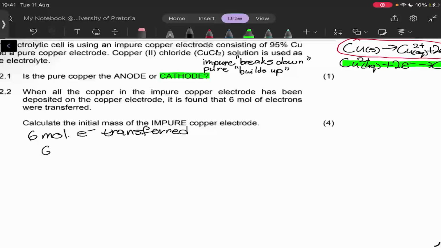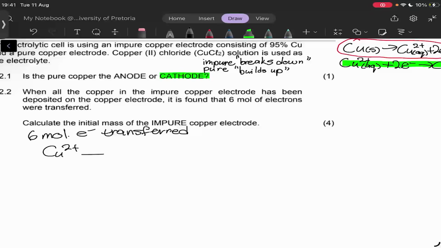I'll have Cu2 plus 2 electrons goes to, okay, to be 100% accurate, let me do it specifically for the impure electrode.